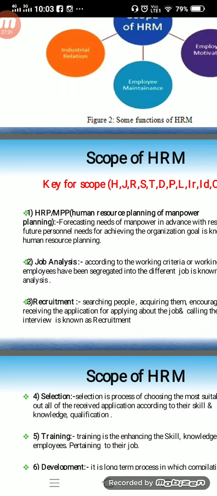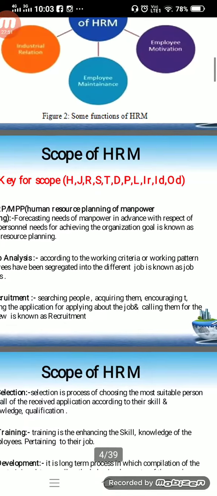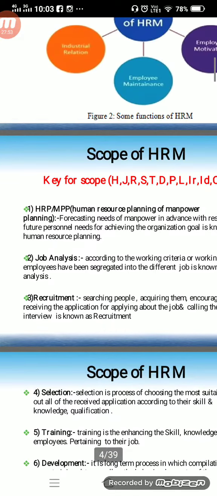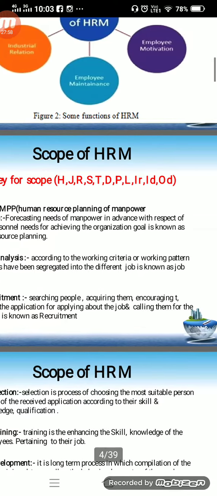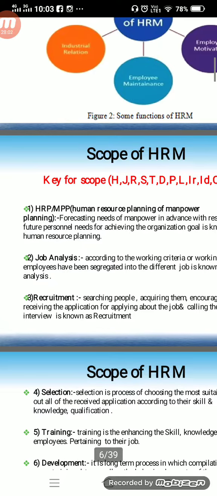Clear? Next is recruitment. Recruitment is ultimately the process of selecting suitable employees or bringing suitable employees into the organization. Searching for people, acquiring them, encouraging them to apply for the job, and calling them for the interview is known as recruitment.